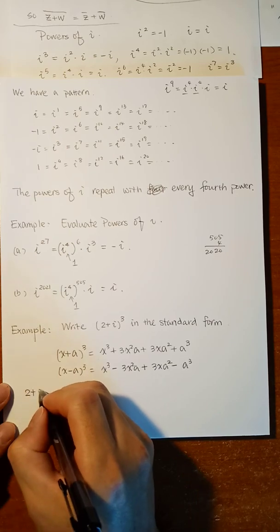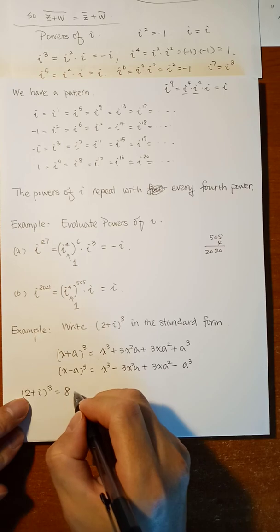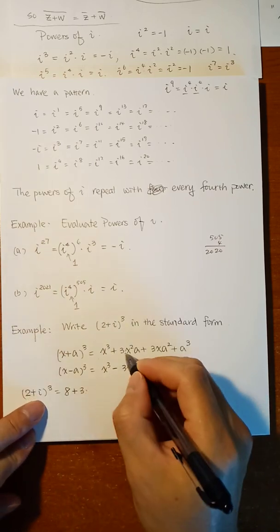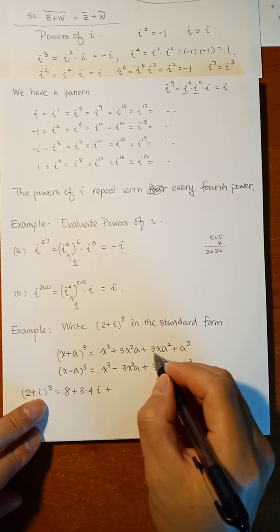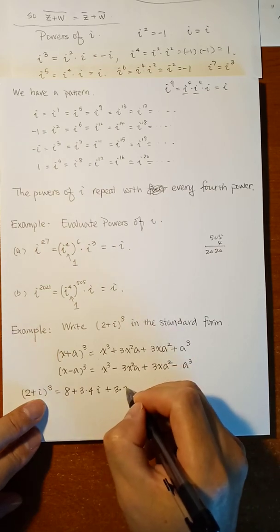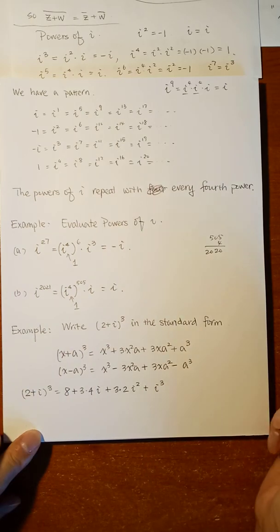2 plus i, cubed, is 2 cubed, 8, plus 3 times 2 squared, 4, times i, plus 3 times 2 times i squared, plus i cubed.